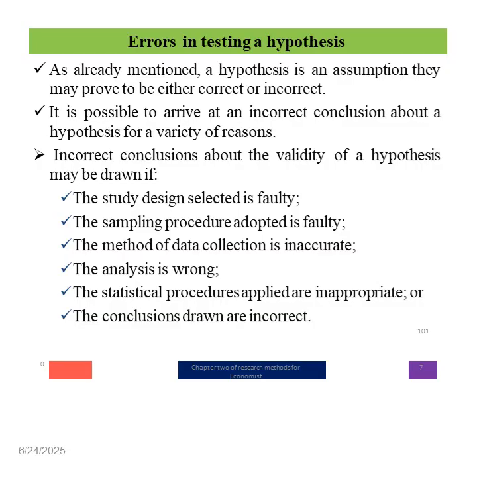Because of this, we can arrive at incorrect conclusions about hypothesis for a variety of reasons. This means indirectly you have to take care of this error in testing of hypothesis.